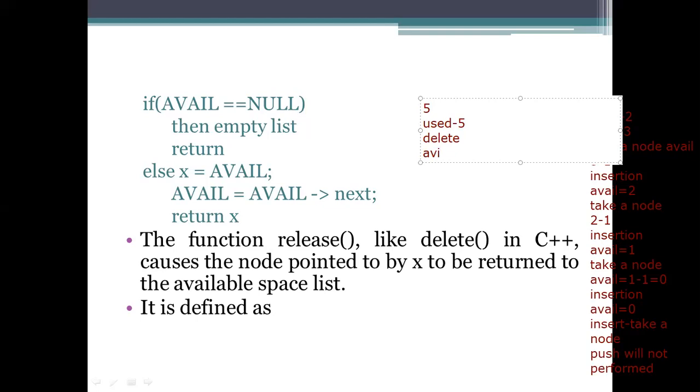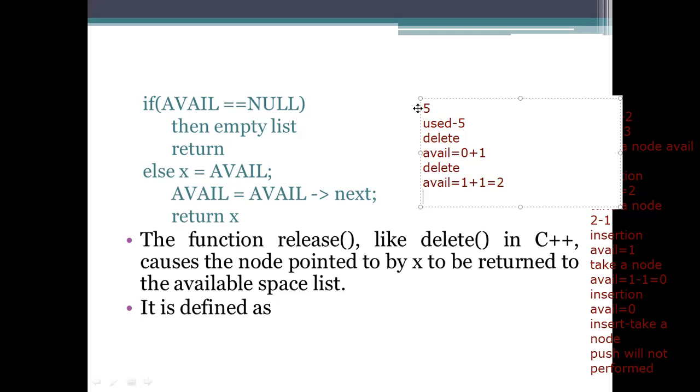So avail is equal to 0 initially, then plus 1, and then again perform the deletion. Again avail is the updated one, 1, and then plus 1, which is equal to 2.